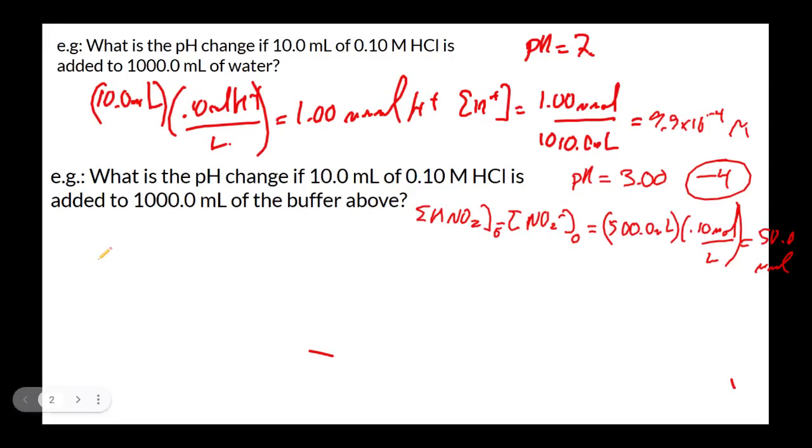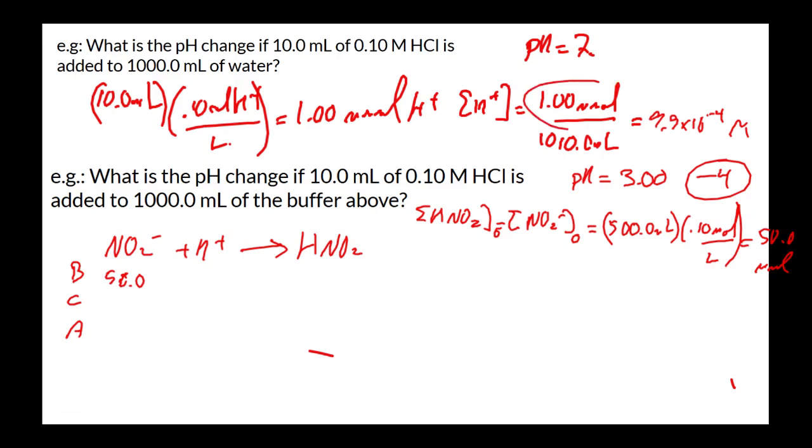So now what's going to happen is we're going to have a one-way reaction where NO2 minus, the conjugate base, is going to react with the H plus, and this will be a one-way reaction, and it'll produce HNO2. Because it's a one-way reaction, we'll use a BCA chart. We had 50.0 millimoles of NO2 minus, and then we can see from our calculation above here that we start out with 1 millimole of H plus, and we are also going to have 50 millimoles of HNO2.